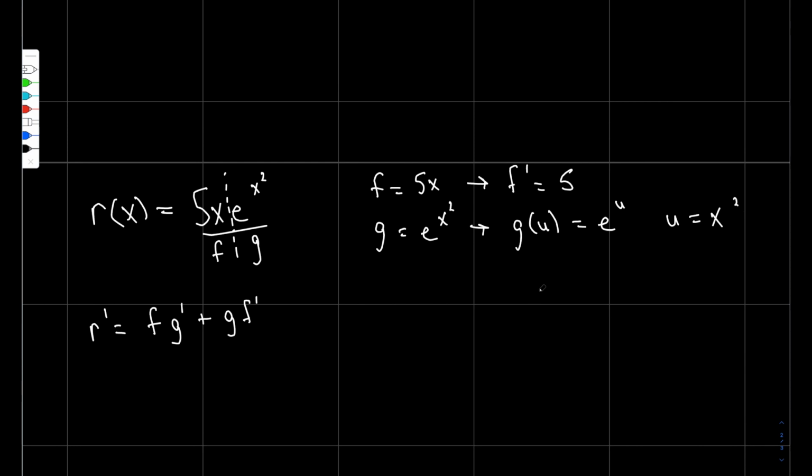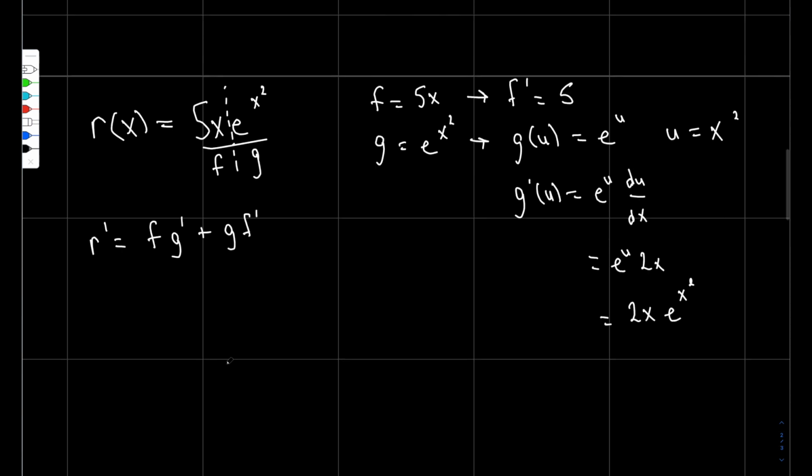Now if I want to differentiate this, I differentiate g of u, which is equal to e to the u. Now I need to multiply it by du over dx, the derivative of u, which gives e to the u times 2x. And I can write this nicer as 2x e to the u, but u is x squared, so 2x e to the x squared.